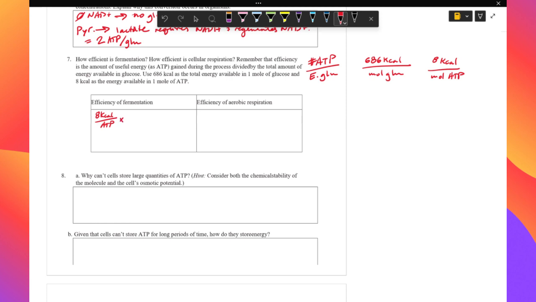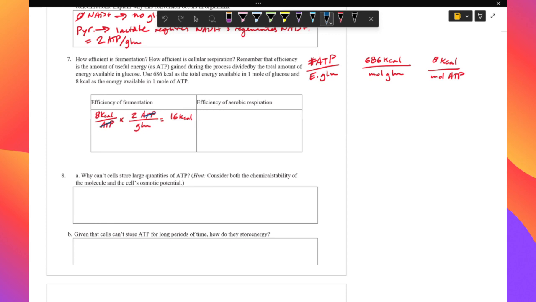Fermentation, we said, produced 2 ATP per mole of glucose. And 8 times 2 is simply 16 kilocalories.